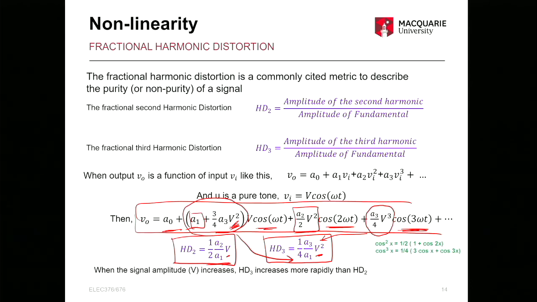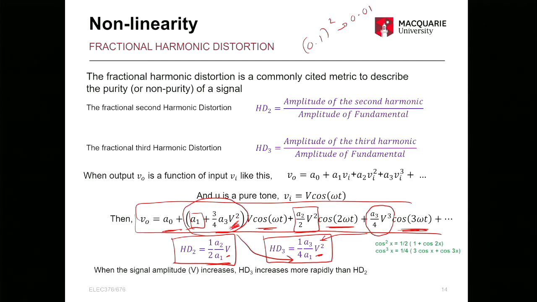Because HD3 has V square, and when you square a small voltage, it becomes even smaller. Like if you have 0.1 and you square it, you get 0.01, which is much smaller than 0.1. So HD3 is much smaller when V is quite small.